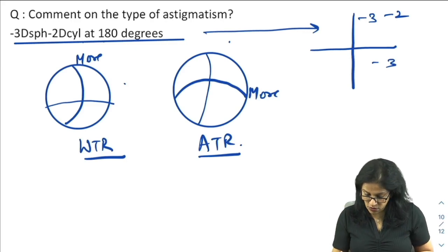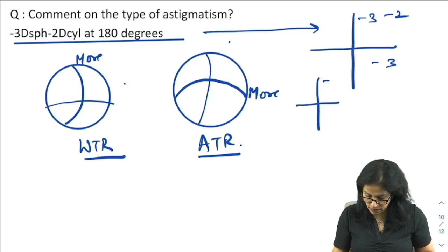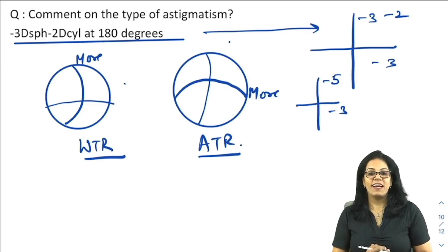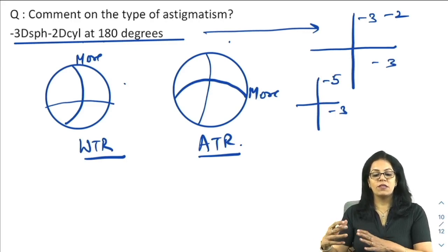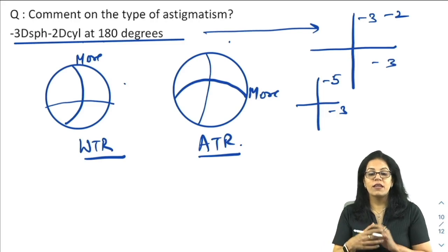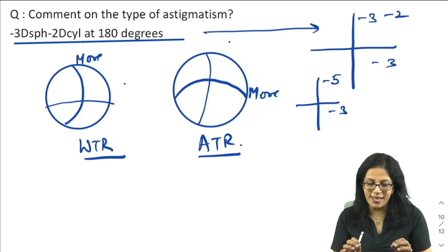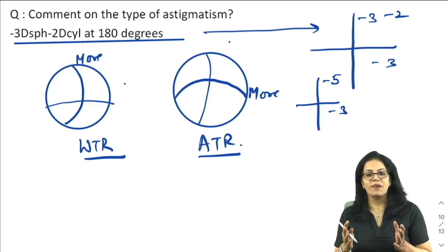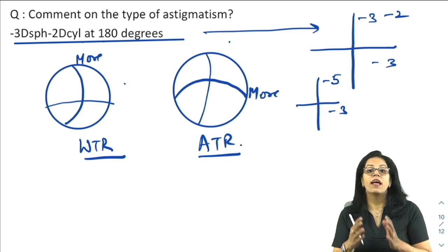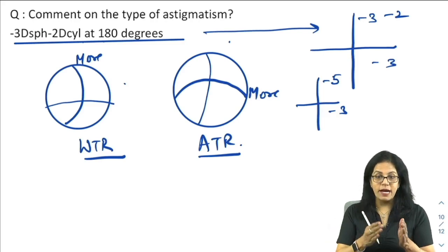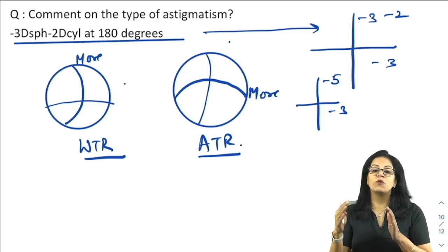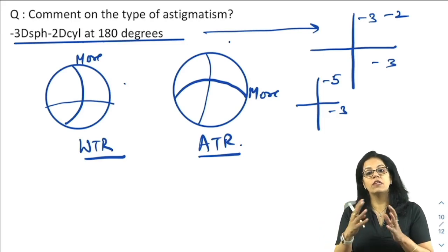And if this is so, now what is the power here? Minus 5, minus 3. So is it against the rule or with the rule? After solving everything, many students will answer wrong because they are not clear what is more power, what is less. Minus on a retinoscopic reading only indicates myopia. Plus indicates hypermetropia. When you say minus 5, myopia is more power. Minus 5, what is 0?